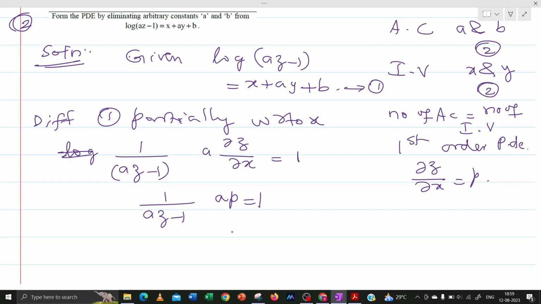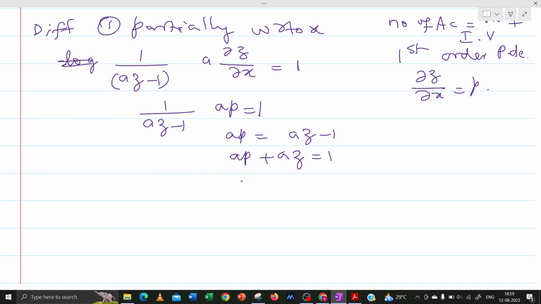So cross multiply this: ap equal to az minus 1, then ap plus az equal to 1.